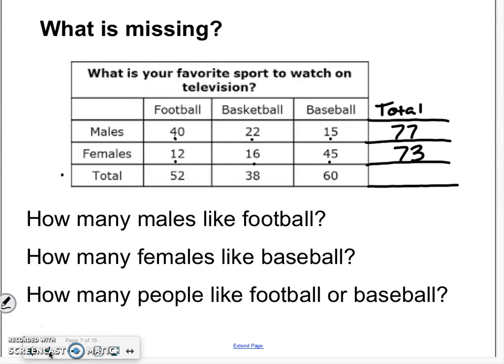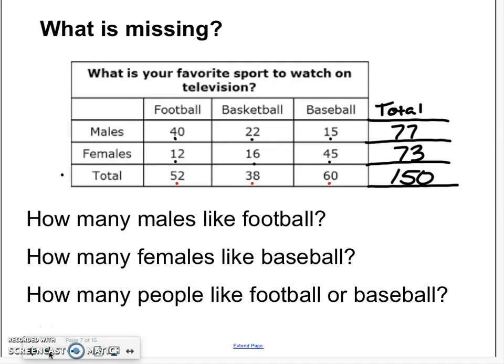And if I take 77 plus 73, I should end up with a grand total of 150. Now the way to double check that is if you take 52 plus 38 plus 60, you should also end up with 150, which you do. So we're good to go. We filled out the table.